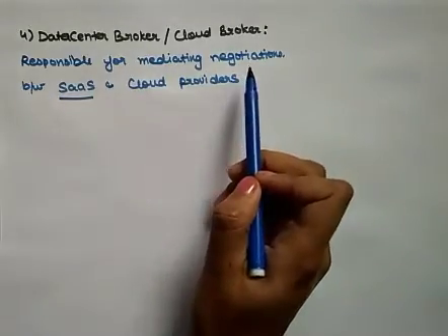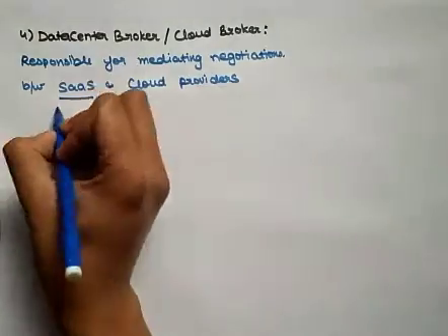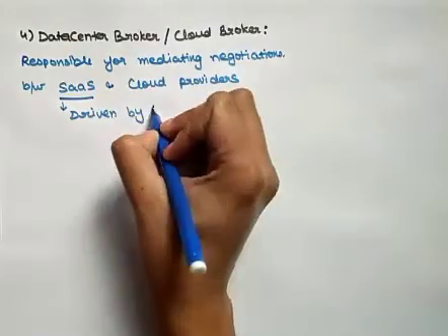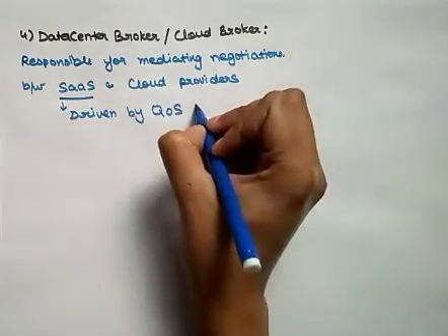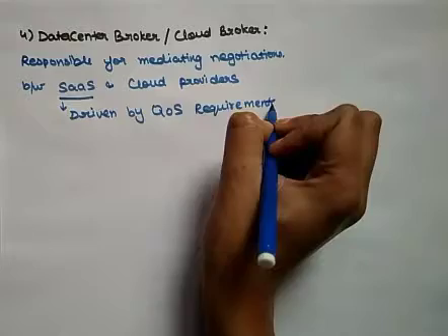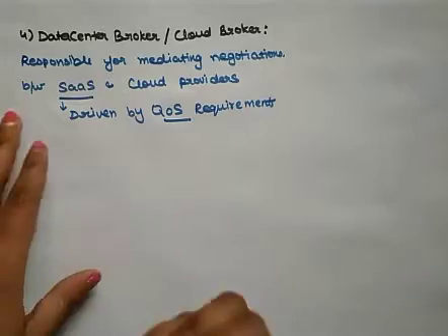And all such negotiations are driven by QoS requirements. We have discussed this too in the previous videos, alright. The broker class acts on behalf of applications. You have to remember this.